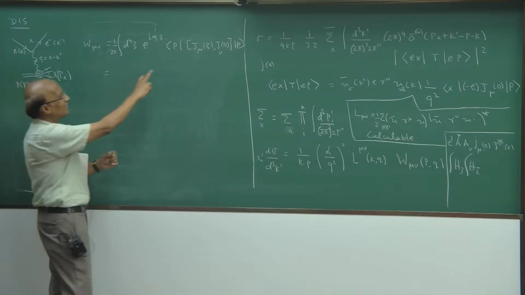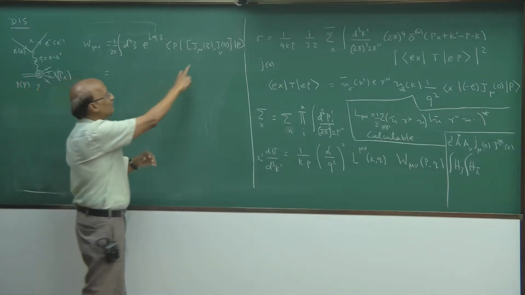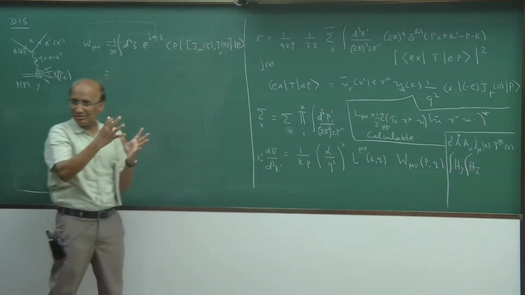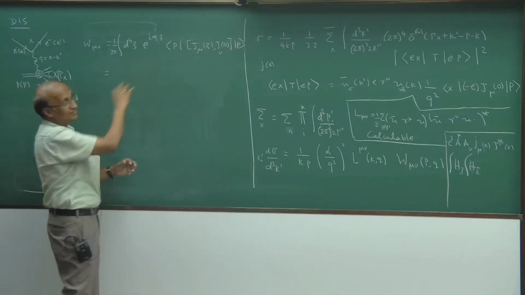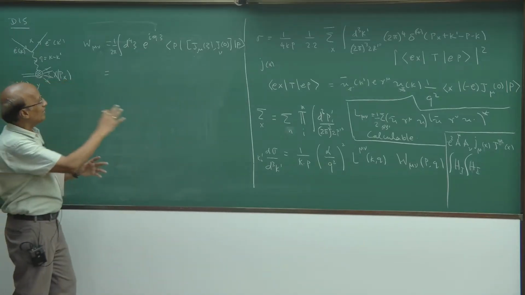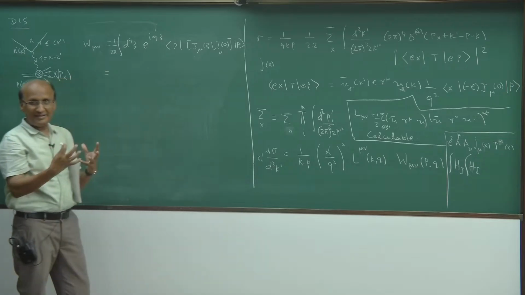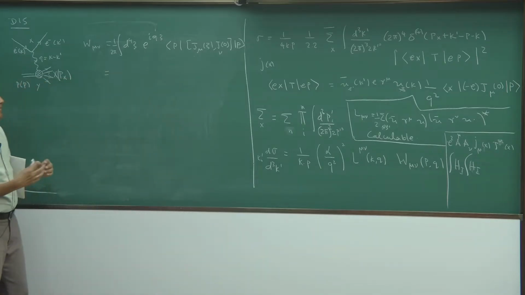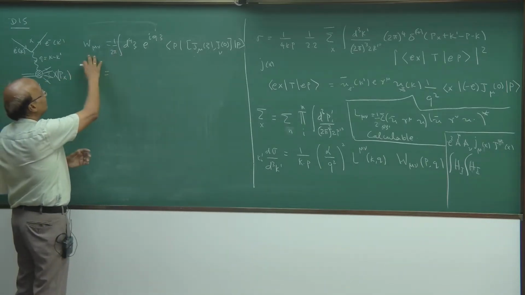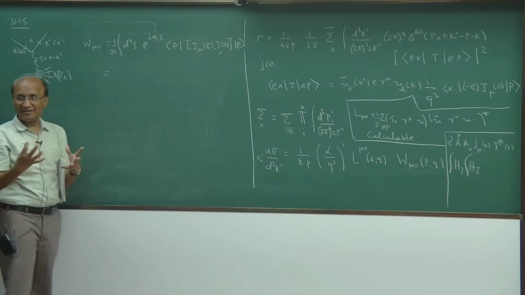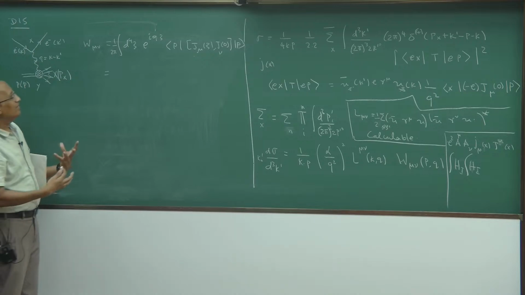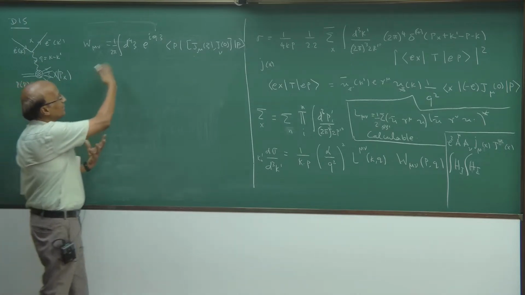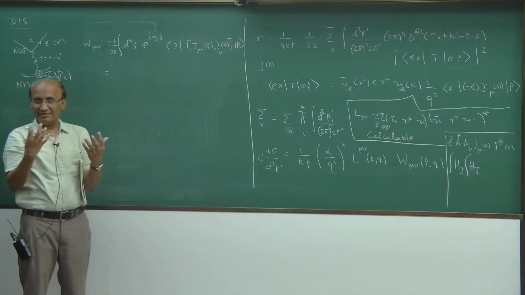Even though it doesn't look like it is symmetric or antisymmetric, you can show that it will be a symmetric rank 2 tensor, and I want to express W mu nu in terms of symmetric rank 2 tensors. So what are the symmetric rank 2 tensors that you can construct from the structure of the right hand side?